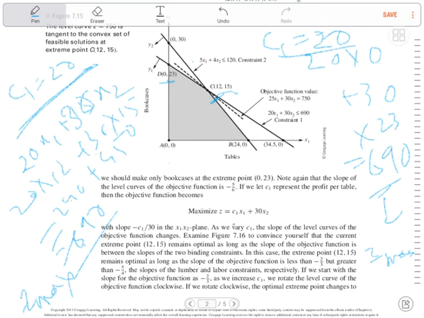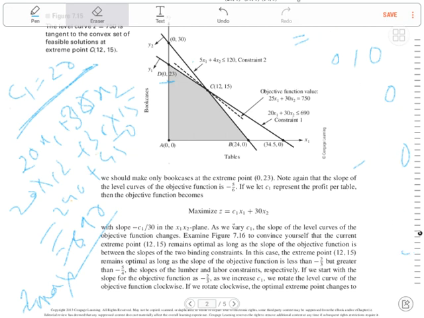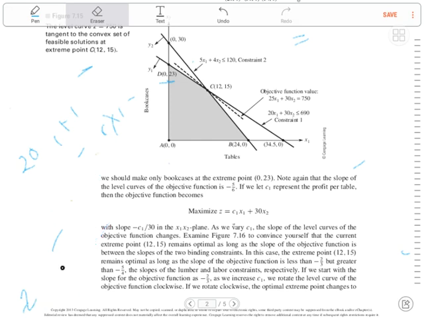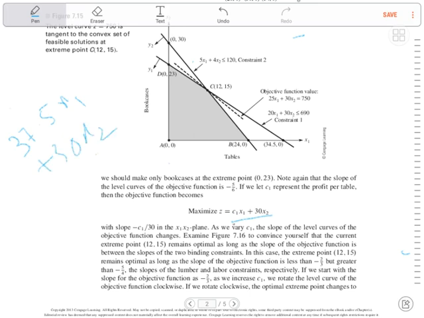Now let us next consider the other extreme point, that means the extreme point of 37.5. For 37.5, again the same thing. If you are considering 37.5 now, it is 37.5 x1 plus 30 x2. At 12-15, you have to calculate 37.5 into 12 plus 30 into 15, which gives some 900.